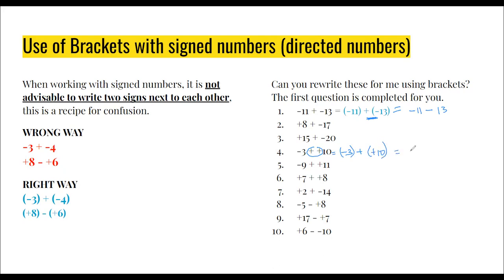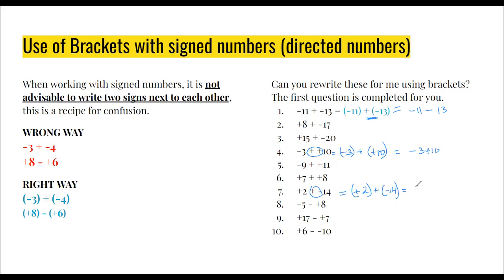When I'm rewriting it, I'm going to put -3. And because these two are the same, I'm going to put positive or plus 10. Anytime they're different, as in this one, then when I write it, I'll put +2, put this in a bracket, and then I'll put plus -14. So that's the first line.